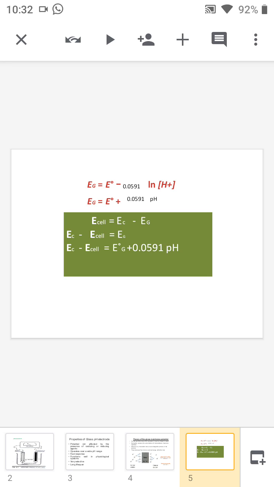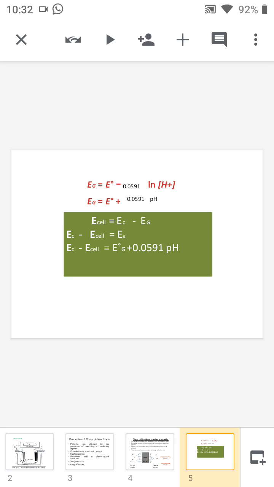If we apply it here, we can write Eg is equal to E0, the standard value for the glass electrode, minus 0.0591 into ln H plus. We know that minus log H plus is the pH value, so instead of minus log H plus, we can substitute pH. So Eg is equal to E0 plus 0.0591 into pH.